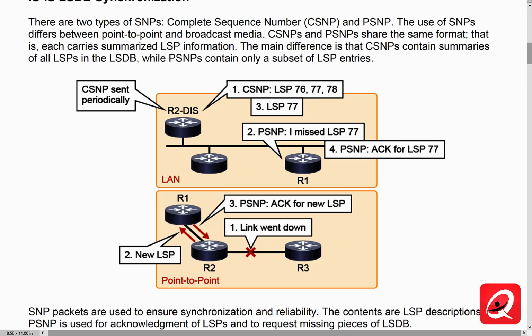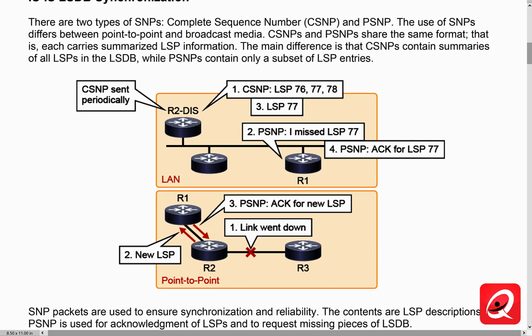We exchange those CSNPs and compare them to our link state database. In a broadcast domain, only the DIS is the one that transmits the CSNPs. All the other adjacent neighbors compare that LSP summary that they receive in the CSNP. They're looking for the sequence numbers, and the information, to make sure that it corresponds to what they expect to see based on their own local link state database to determine whether that link state database is synchronized.